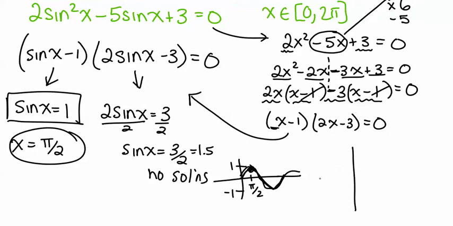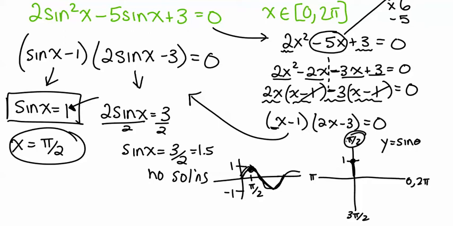But another way to think about it is if you have your unit circle, you know your y-coordinate is always equal to sine x, or maybe we'll call that sine theta. It's less confusing. So see why this value is 1. So that's like right on the y-axis at 1. And I know this value is pi over 2, this is pi, this is 3 pi over 2, and this is 0 and 2 pi. So I know my answer is pi over 2, or 90 degrees.